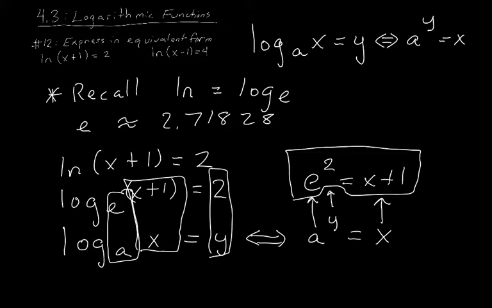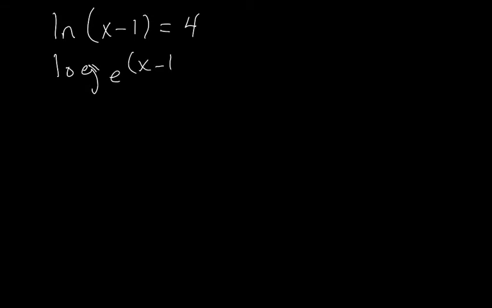Alright, so let's go on to the next slide. For this one we have the natural log of x minus 1 is equal to 4. So recall that that's the same as log base e of x minus 1 is 4.